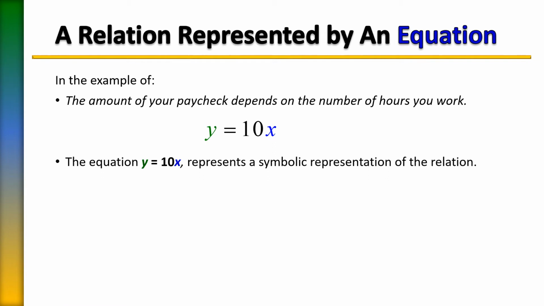Since you get paid $10 an hour, x means however many hours she works, and you multiply that times 10, and you will get your output, the paycheck. So we call y the dependent variable because this value, the amount of paycheck, is going to depend on how many hours you put in. It's going to depend on x, what's put in.